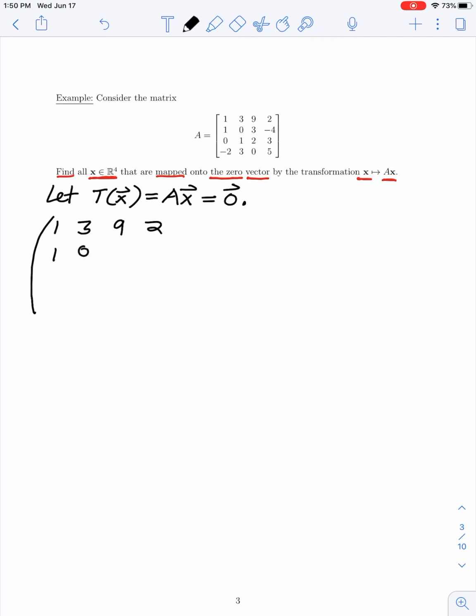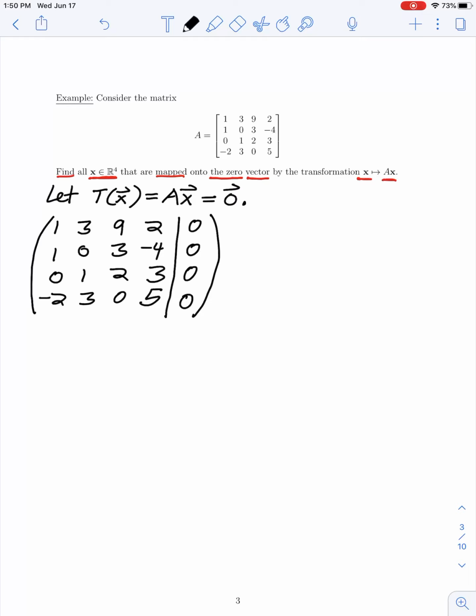Second row is 1, 0, 3, negative 4. Third row is 0, 1, 2, 3. And our last row is negative 2, 3, 0, 5. And we have a homogeneous linear system, so we are augmenting with the 0 vector as our vector on the right-hand side of this equation.